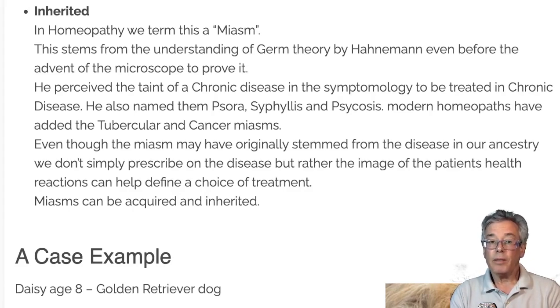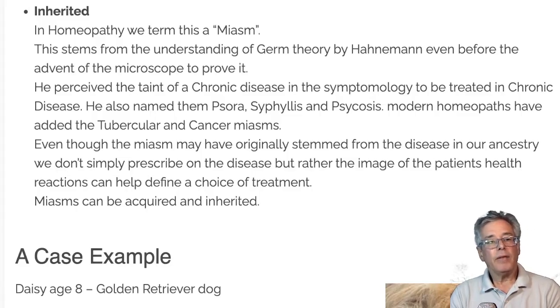He also named these and made distinct characteristics of them. He named them psora, which is something like candida, syphilis, which is a deeper, injurious venereal disease where it affects the nervous system, and sycosis, which is also a venereal disease, gonorrhea. Modern homeopaths have added the tubercular, from tuberculosis, and cancer miasms.